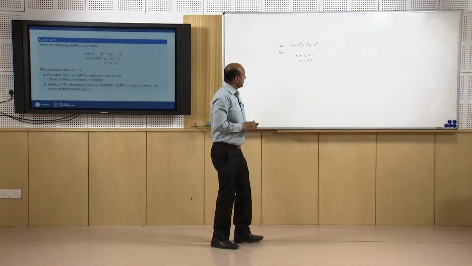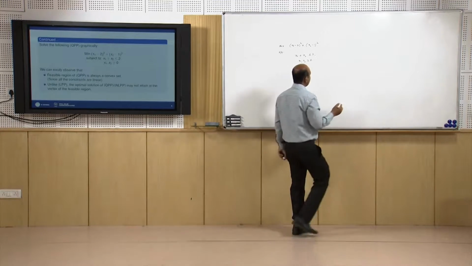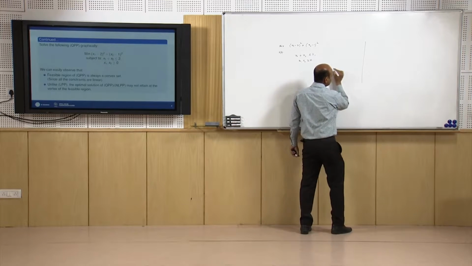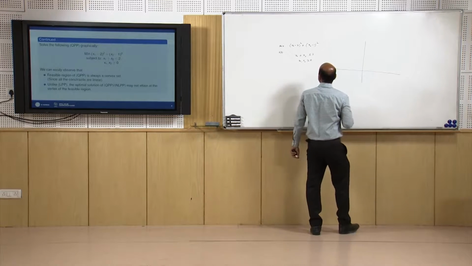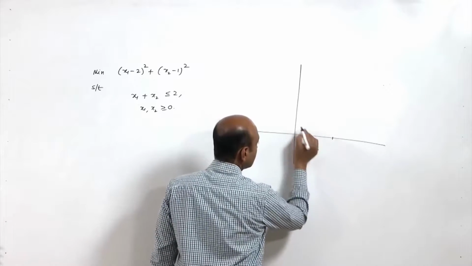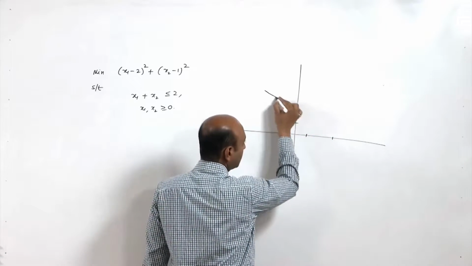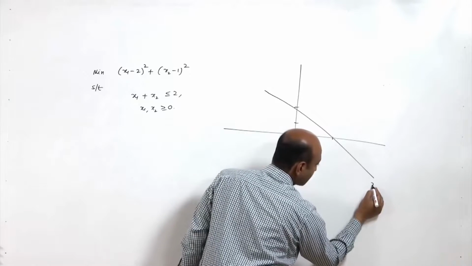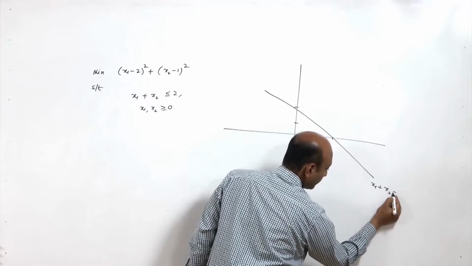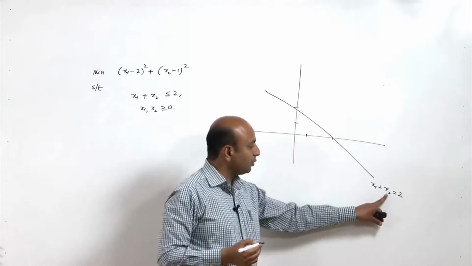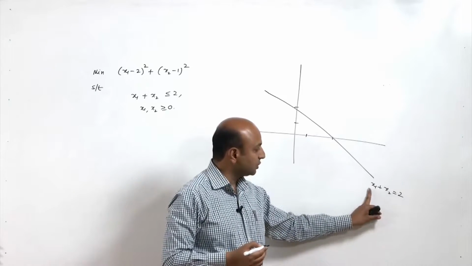Now, how can we solve it graphically? Let us see. What is the feasible region? Consider x1 plus x2 equal to 2, because when x2 is 0, x1 is 2, and when x1 is 0, x2 is 2.